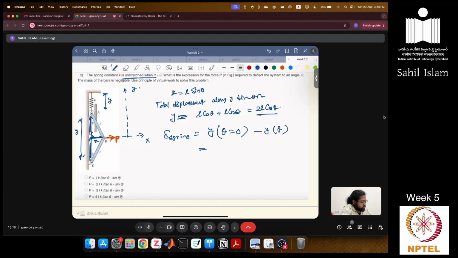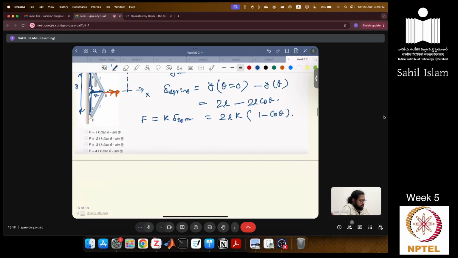So y at theta equal to 0 is 2L, minus 2L cos theta. Then the spring force is K times delta spring, which is 2L K (1 minus cos theta).